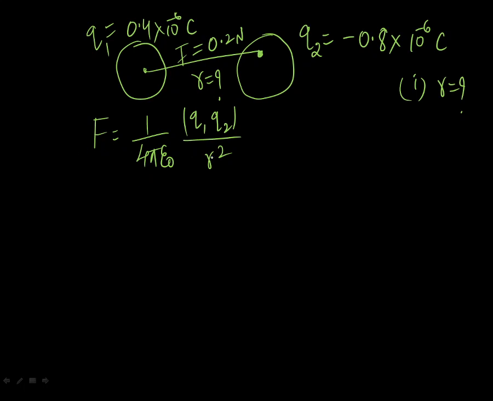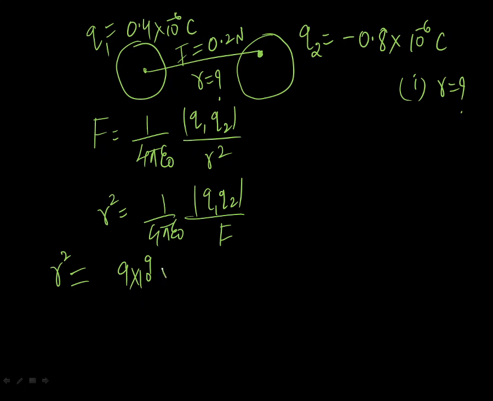So if we cross multiply, R square will go to LHS and F will come to the denominator. Then after that it becomes very simple. All you need to do is substitute the values. The value of this constant is 9 into 10 power 9 and Q1 is 0.4 into 10 power minus 6 and Q2, here you need to be very careful, don't take Q2 negative since there is a magnitude.